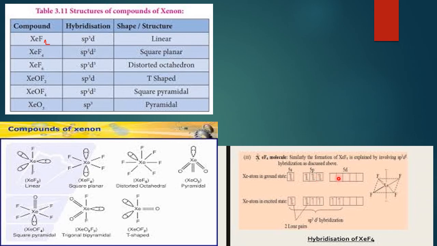When these two electrons are excited to the 5d orbital, now we are getting 4 unpaired electrons. After the 4 unpaired electrons are formed, it will undergo hybridization. So the s orbital, p3 orbitals and d2 orbitals undergo hybridization, and you are getting the hybridization of sp3d2. For xenon tetrafluoride, it undergoes the hybridization of sp3d2.